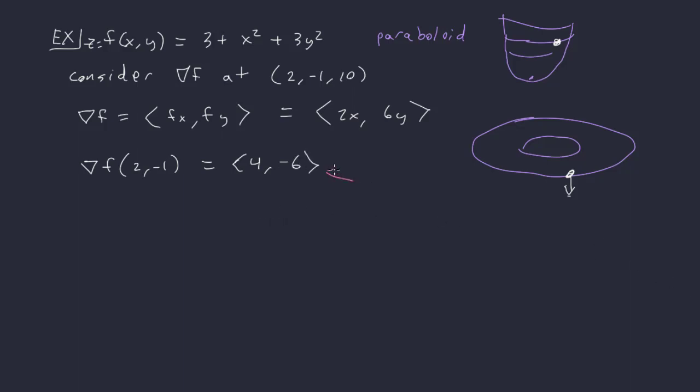All right, so this is the direction of steepest ascent. Okay, so let's go to the graph and actually see what that means for us.